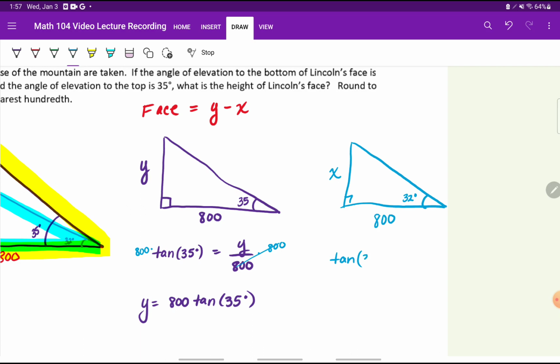We get that tangent of 32 degrees is equal to x over 800. Solving for x, we'll again multiply both sides by 800. And we get x to be equal to 800 times tangent of 32 degrees.